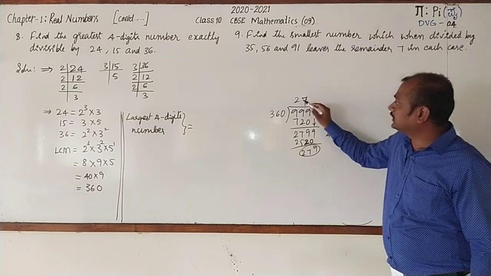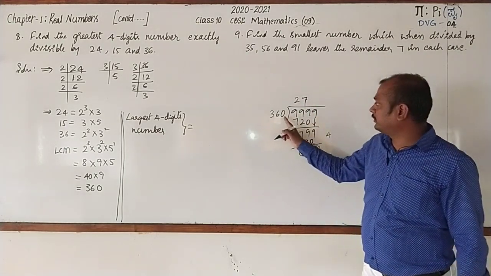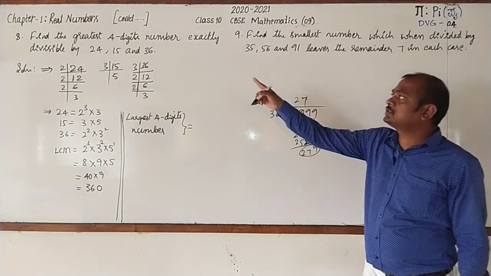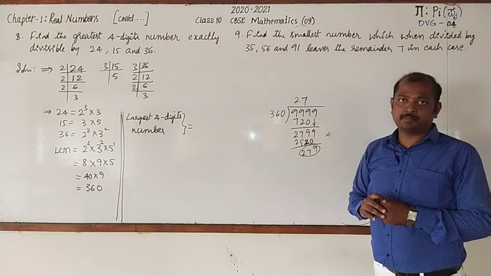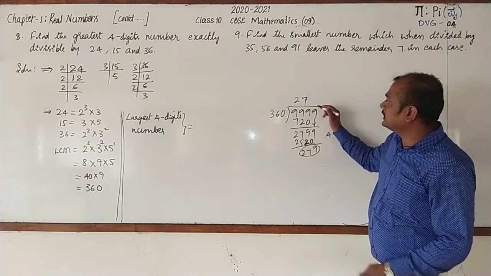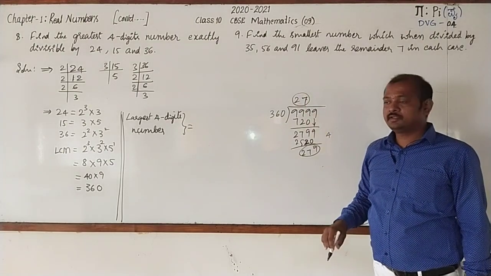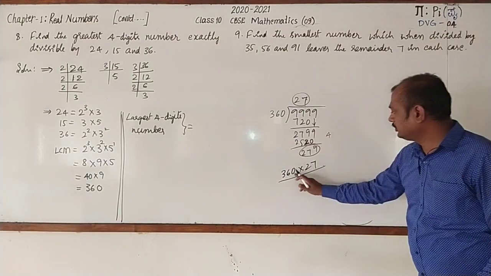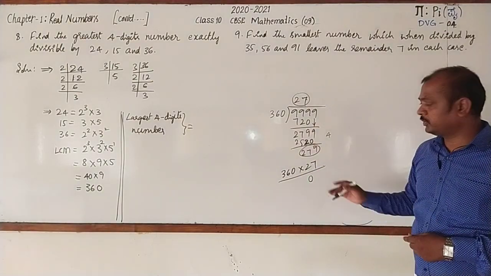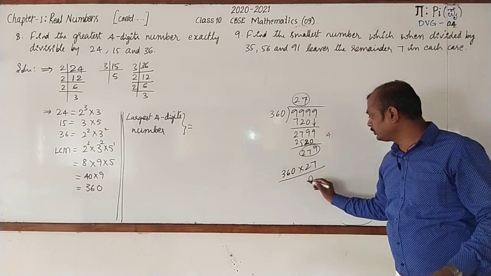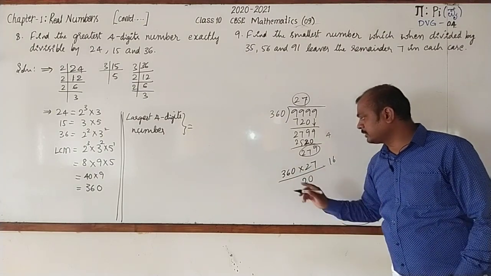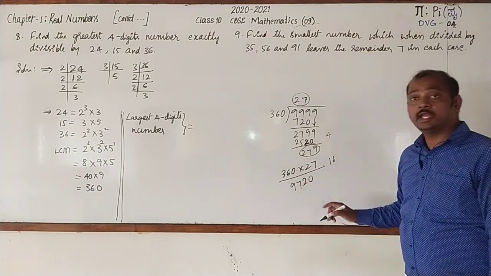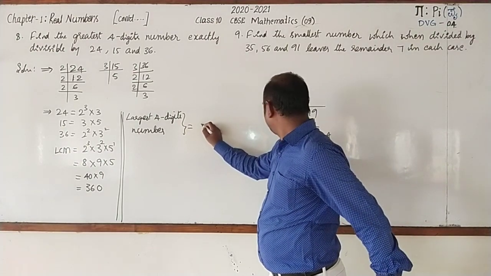27 is there. That means the multiple of 360 which is a 4-digit number is with 27. Hence, when you multiply 360 by 27: 0, 27 6s are 162, 27 3s are 81, 81 plus 16, 97. 9720.